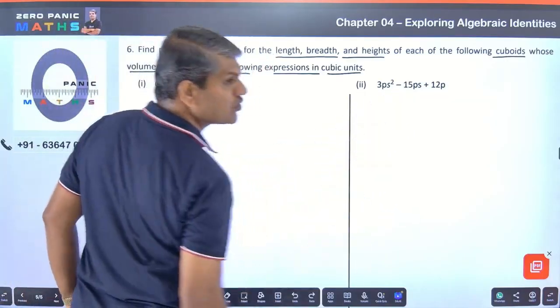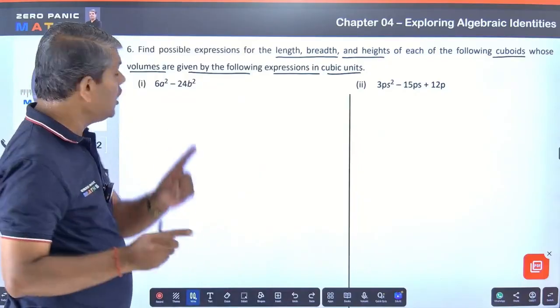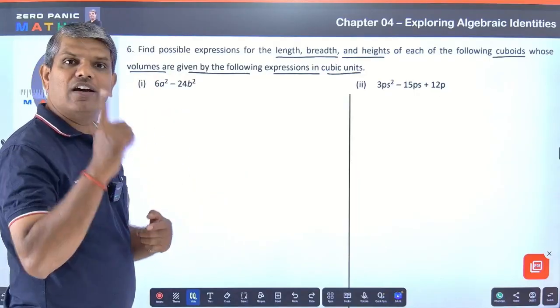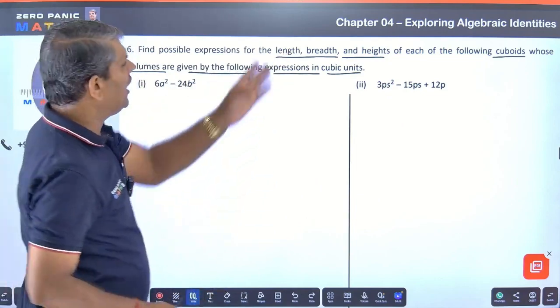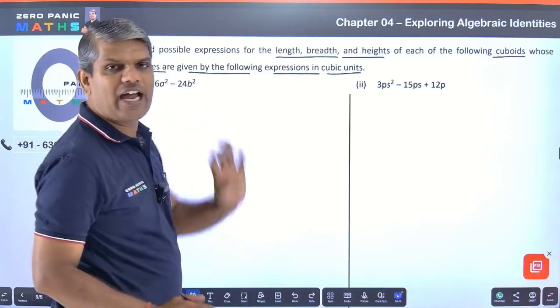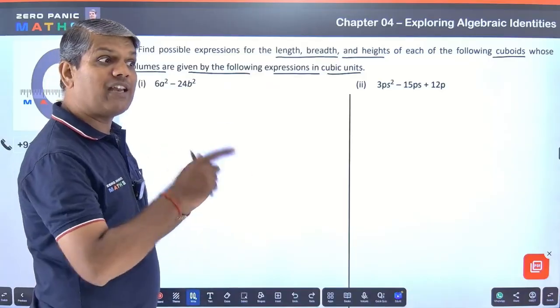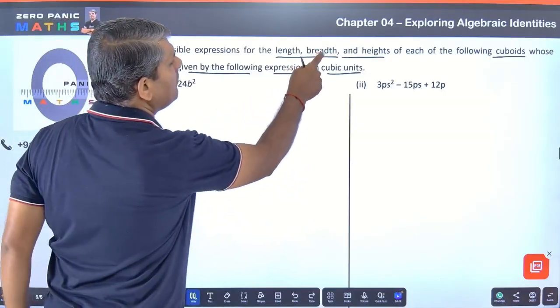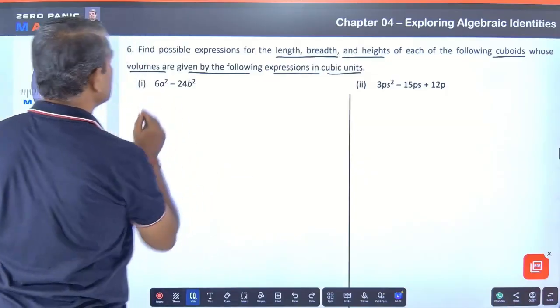Here also 3 is common. If you take those two values as common, the common values will become one factor, and that one factor can be represented by any of these, either length, breadth, or height. Okay, let us assume length is equal to that constant value, and of the remaining two factors that we get after resolving this, one will be breadth and another will be height. You got my point? Okay, let us do that.